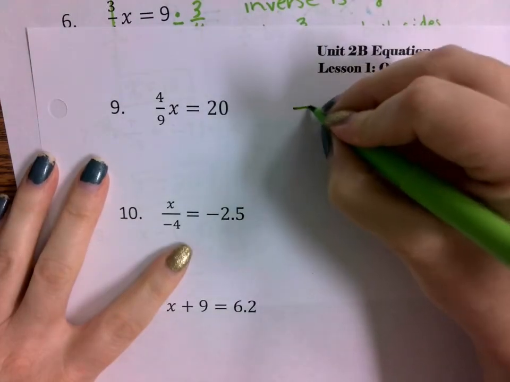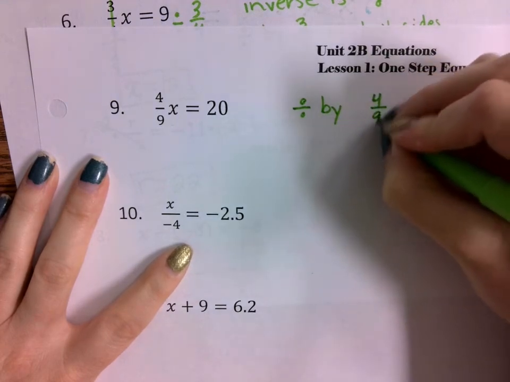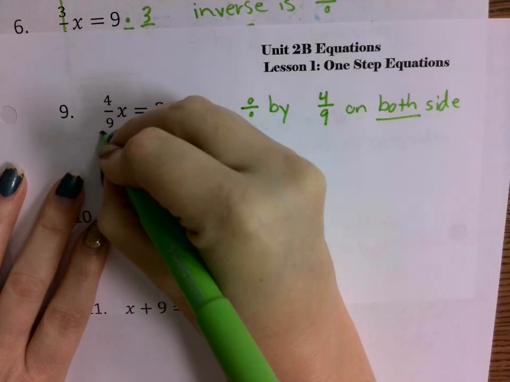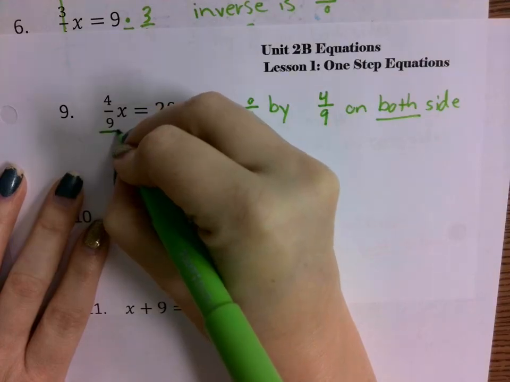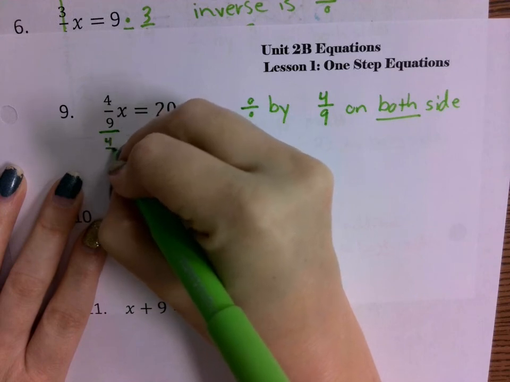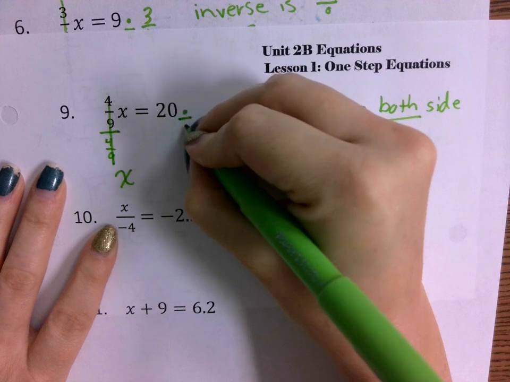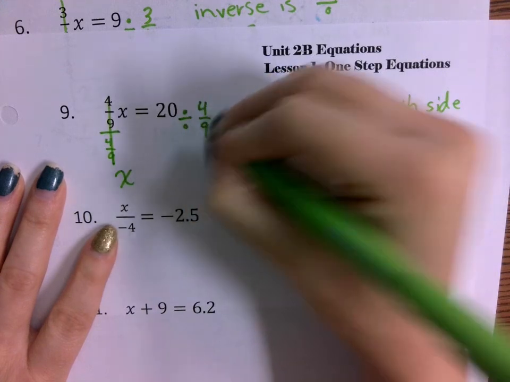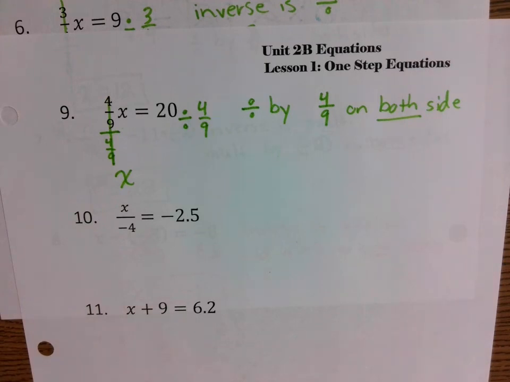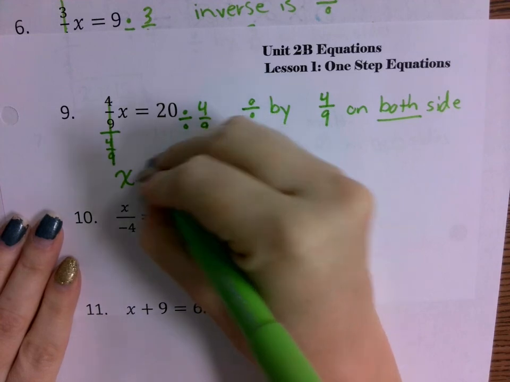So you are going to divide by 4/9 on both sides. 4/9 divided by 4/9 cancels out, leaving just x. Then 20 divided by 4/9 is the same as 20 times 9 over 4, which comes out to 45. So x is equal to 45.